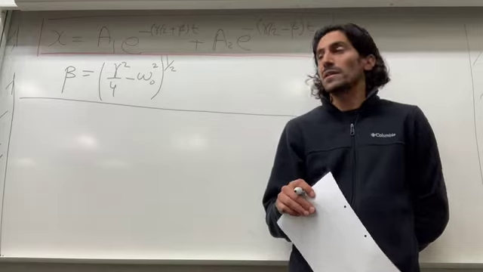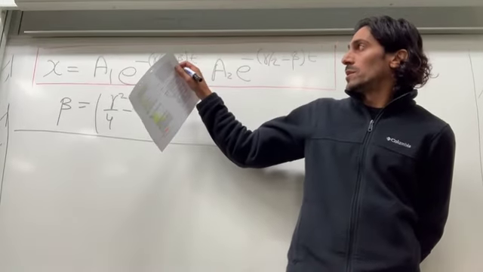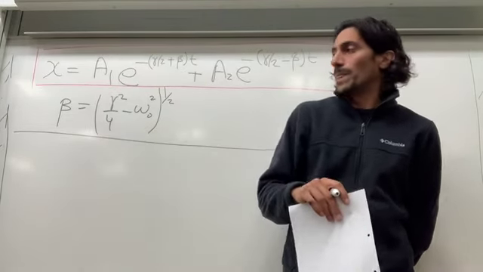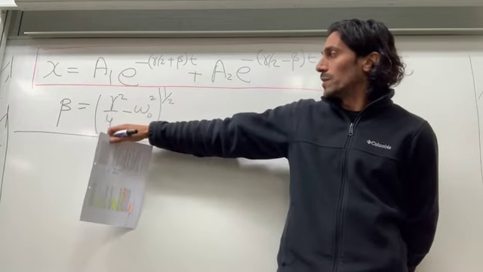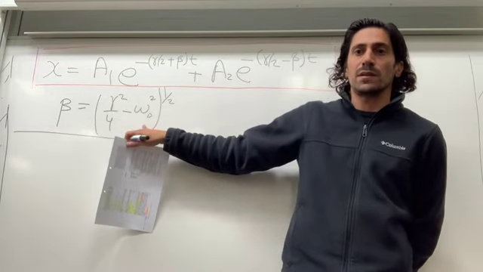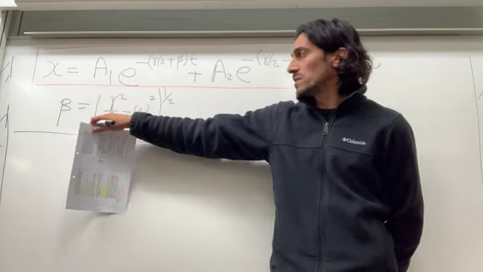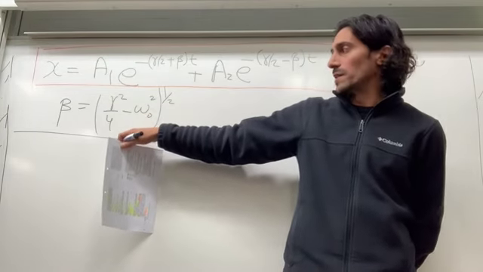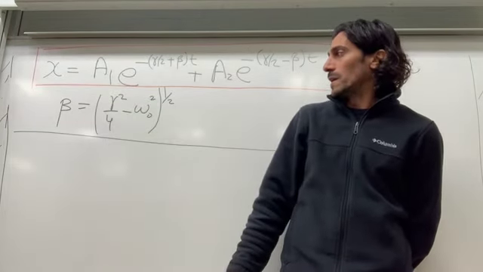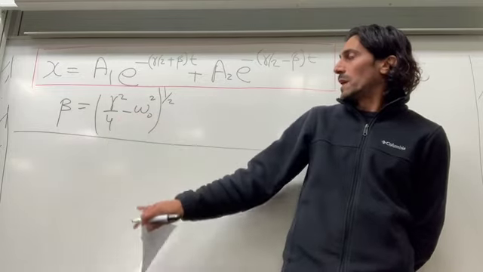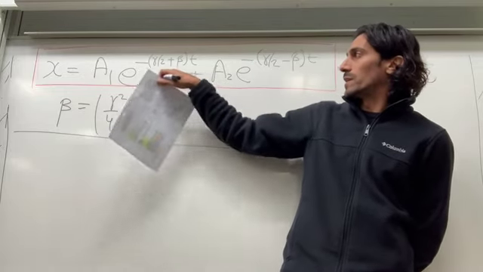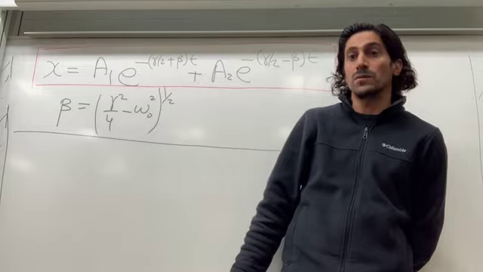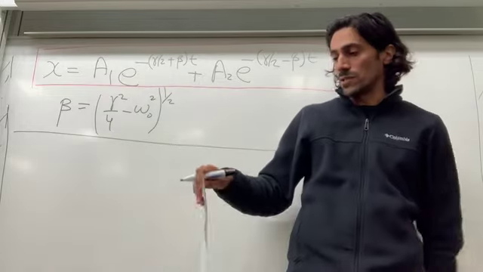But you have also the scenario we just did, where gamma squared over 4 is larger than omega 0 squared. So the resistive forces are dominating the spring force, and therefore we have overdamping. It's a very large damping. There are no oscillations at all.